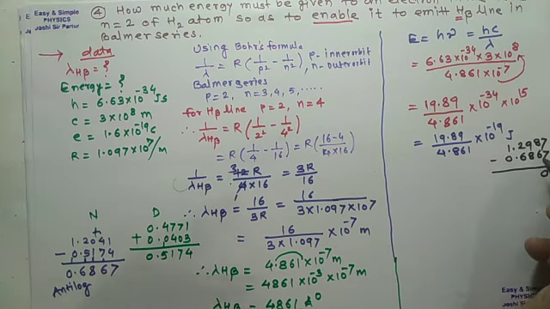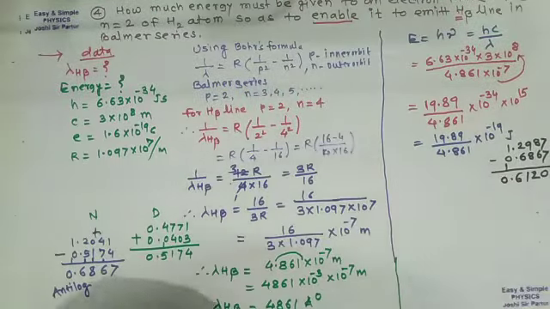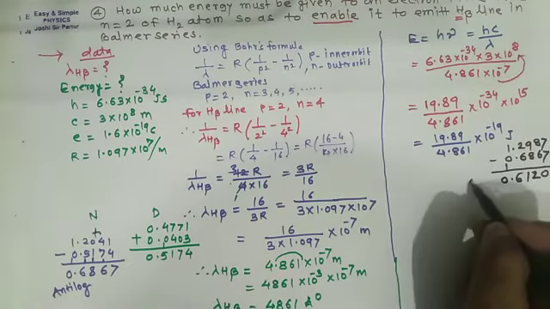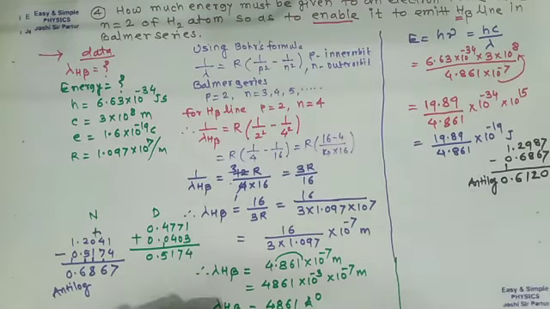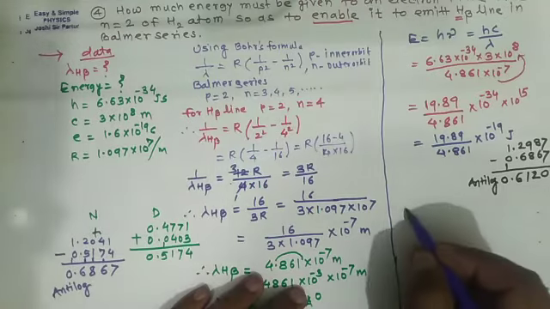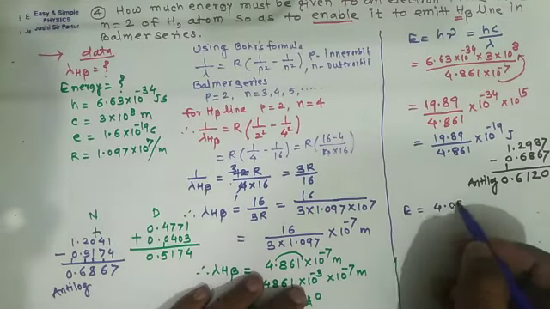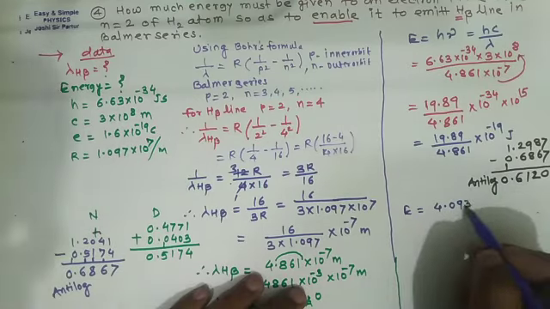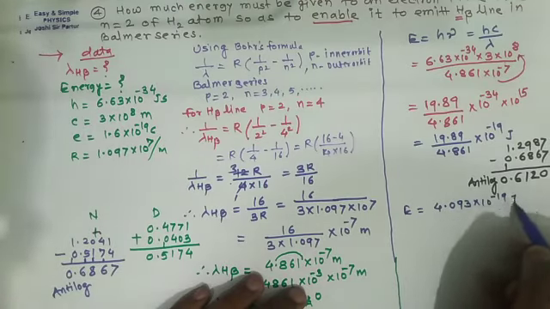From 6, from 8, 6 is subtracted, 2 is remaining. From 9, 8 is subtracted, 1 is remaining. From 12, 6 is subtracted, 6 is remaining, and minus 1 will be 0 point. So take its antilog. Antilog of 0.61 with 2 and 0 in the mean difference will be 4 point. So energy is equal to 4.093 into 10 raised to minus 19 joule.